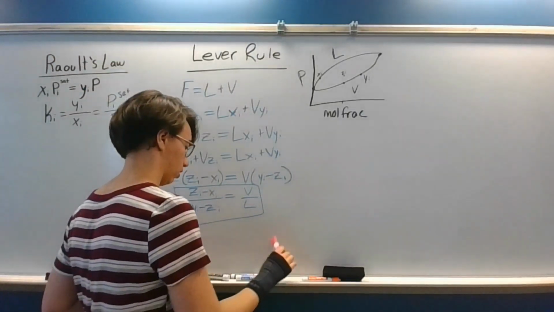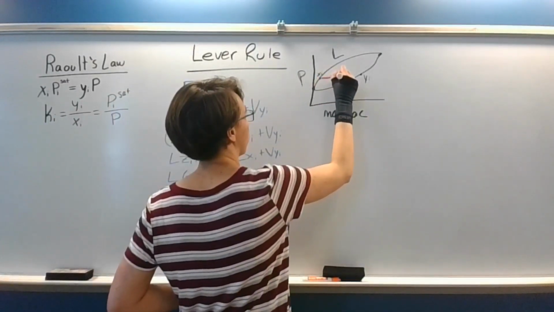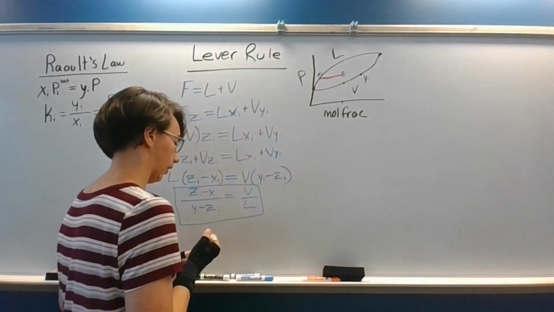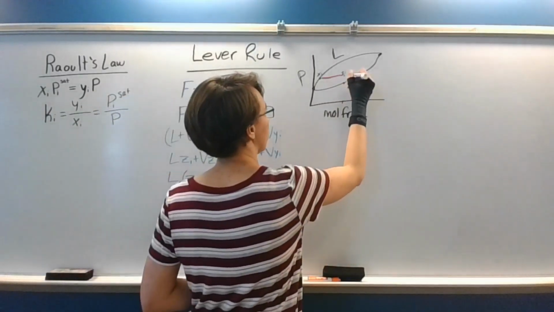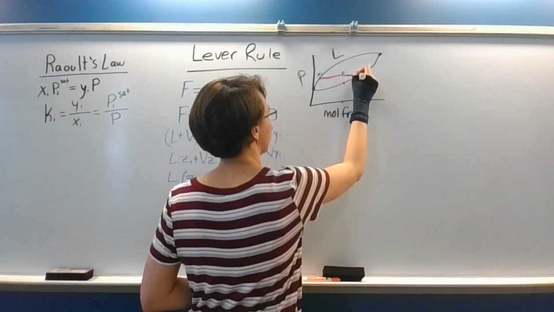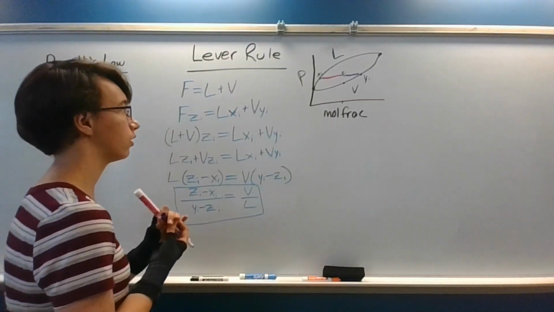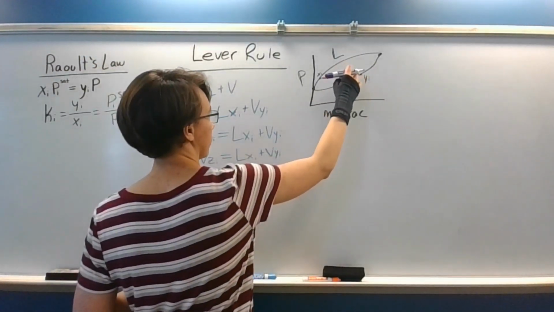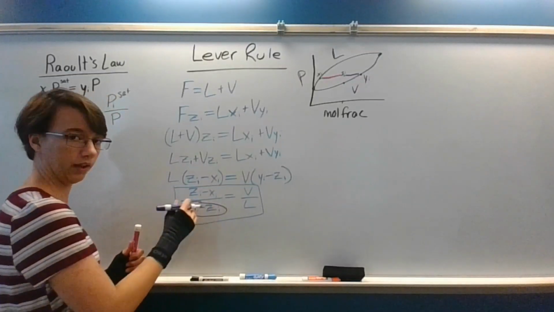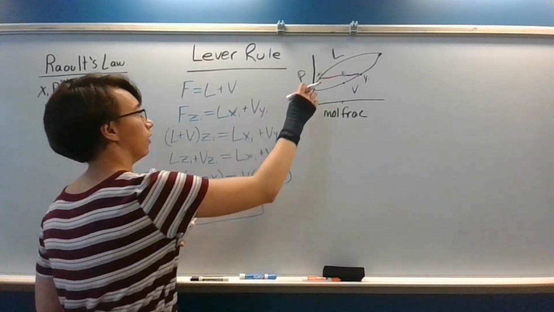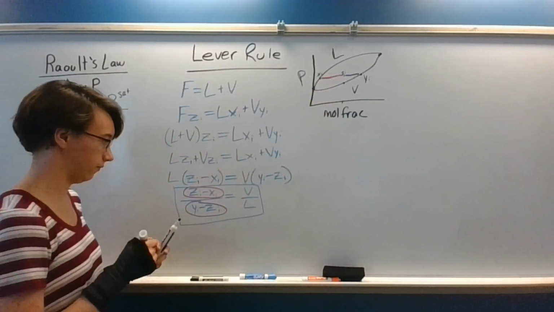And then we're going to have this distance right here, and we'll have this distance right here. And these are going to correspond to over here. So this one between zi and yi, that's the distance right there. And this pink distance is that.